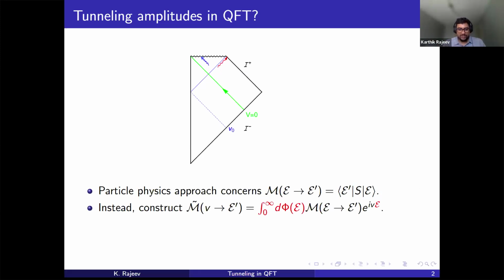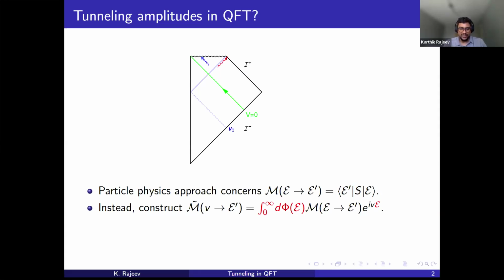So therefore, maybe an interesting object would be this, which is m tilde, which is kind of a Fourier transform of this amplitude with respect to this coordinate v, right? And since the energy is of course positive, this integral is along 0 to infinity for the energy.